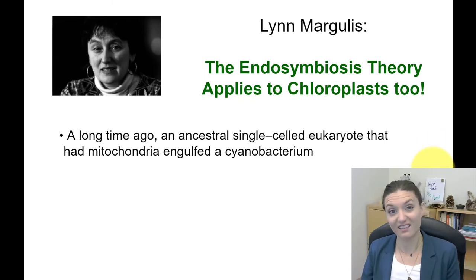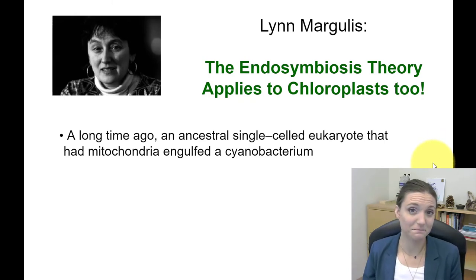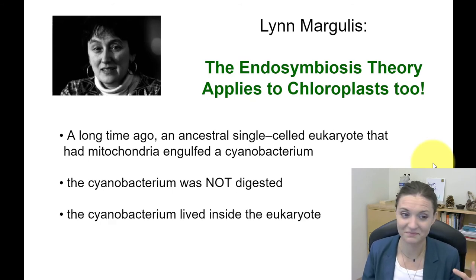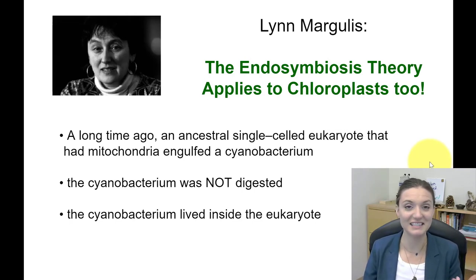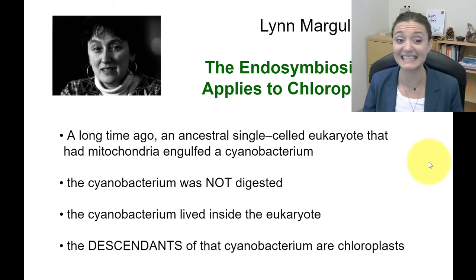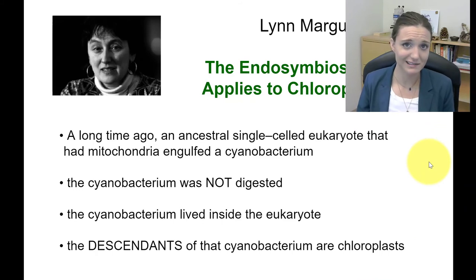We think that it probably engulfed the cyanobacterium. The cyanobacterium was not digested. Sound familiar? The cyanobacterium went to live inside of the eukaryote, happily just hanging out inside that cytoplasm. And then the descendants of that cyanobacterium are now what we have, chloroplasts.